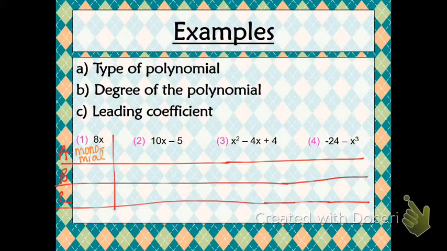Number 2 has 2 terms, 10x minus 5. That makes this one a binomial. Number 3 has 3 terms, x squared, negative 4x, and positive 4. That makes this one a trinomial. And number 4 is also a binomial, negative 24 and negative x cubed.